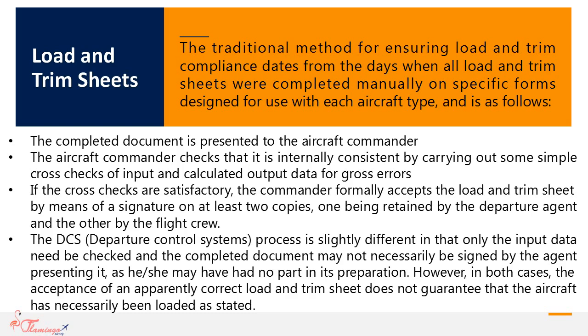The traditional method for ensuring load and trim compliance dates from the days when all load and trim sheets were completed manually on specific forms designed for use with each aircraft type, and is as follows. The completed document is presented to the aircraft commander.